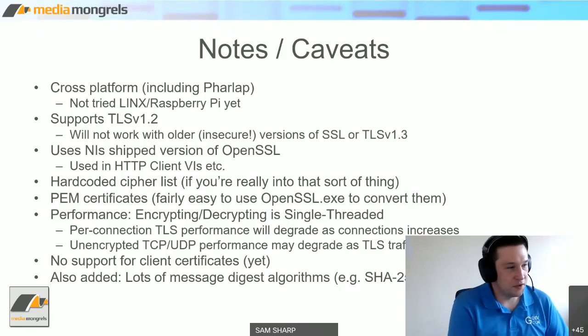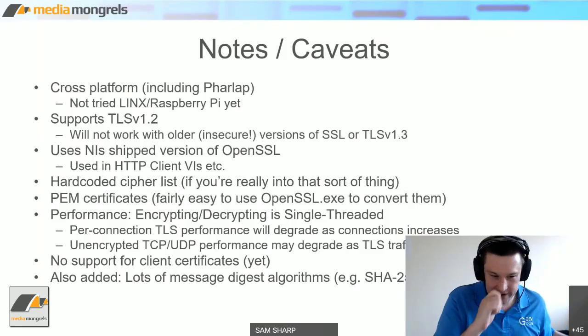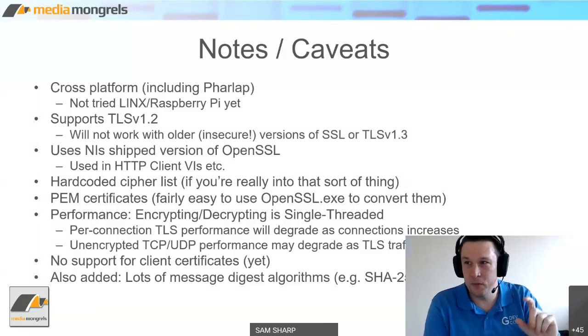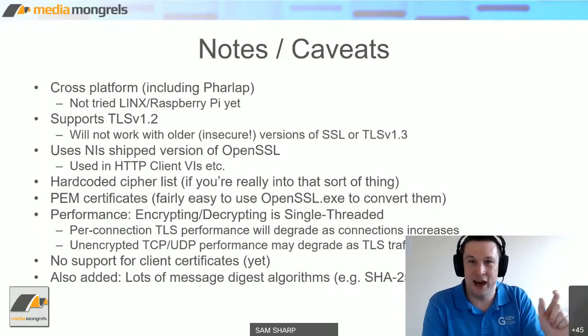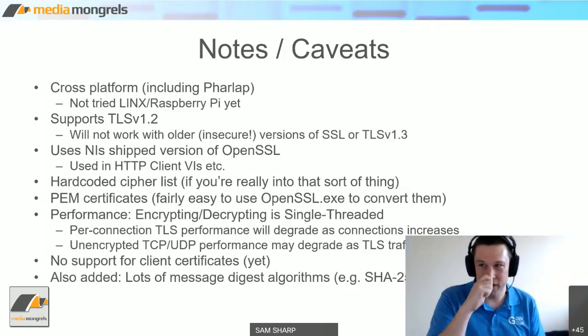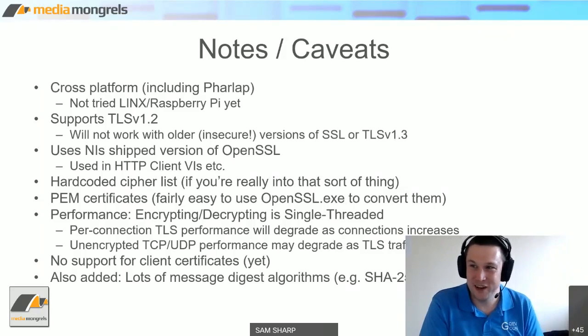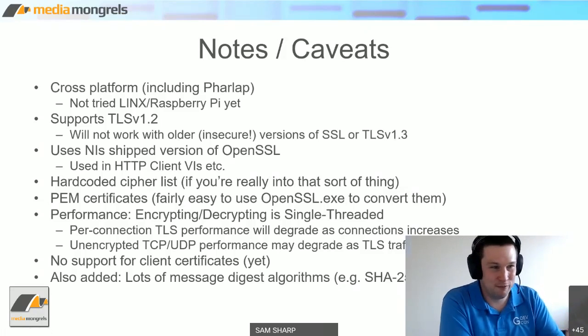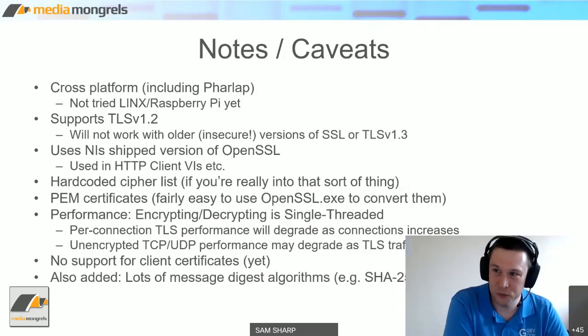I think the way it's been packaged up makes it really easy to add TLS to an existing application, because all you have to do is change your handshaking code, and you don't need to change any of your underlying TCP reads and writes. But if you've got a high throughput application where you're doing a lot of TCP communications, it's quite important to be aware that adding TLS is going to have a potential performance impact.